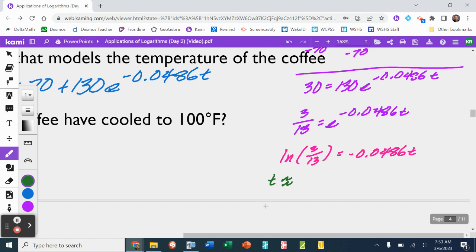So this is going to be the natural log of 3 over 13. And not only did we approximate k, the natural log of 3 over 13 is going to be an irrational number. So we divide by this multiplier of t, negative 0.0486, and we'll get the approximate time it takes. When will that cup of coffee cool to 100 degrees Fahrenheit?